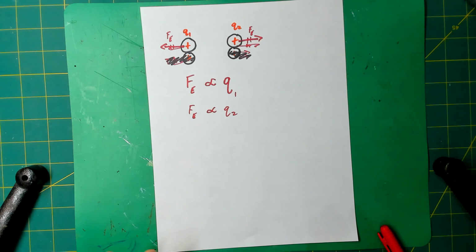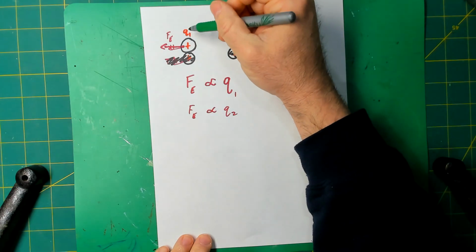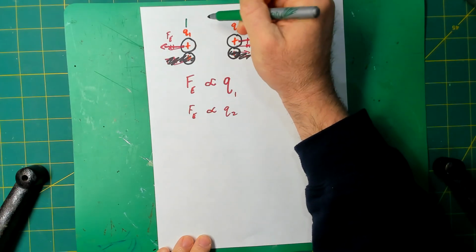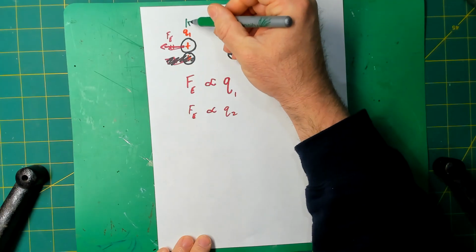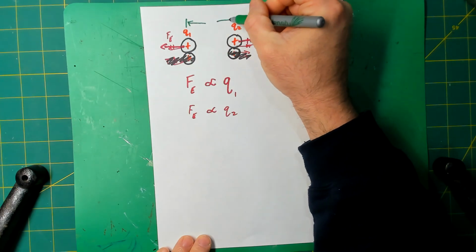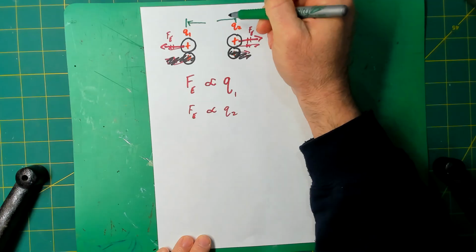We said the farther apart they get, the weaker the force gets. The closer they get, the stronger the force gets. So we're saying, okay, well, that should have something to do then with this distance between them. Okay, how far apart they are.